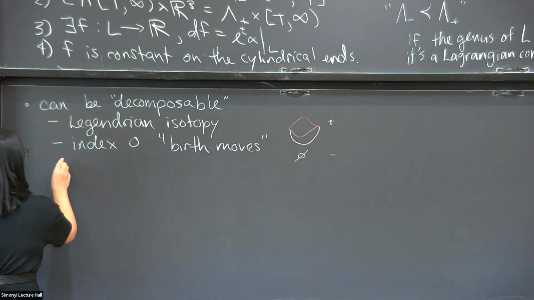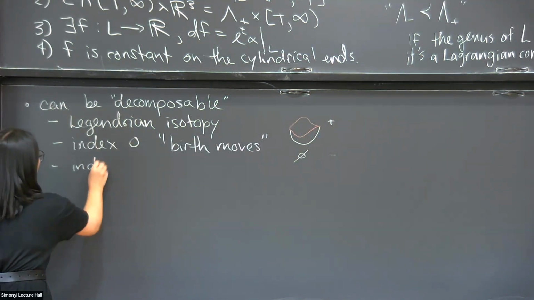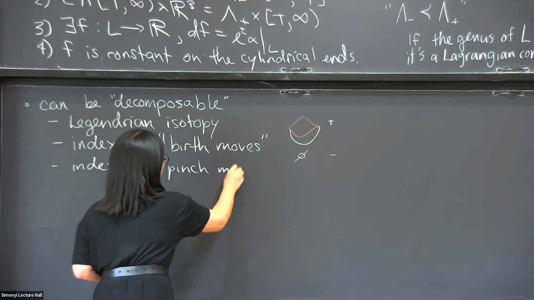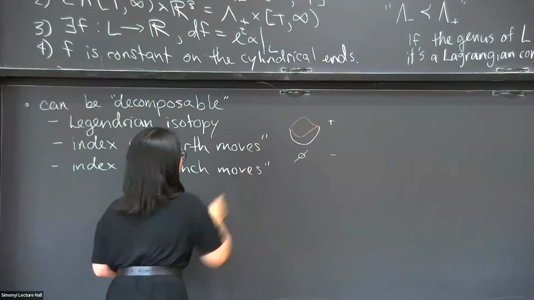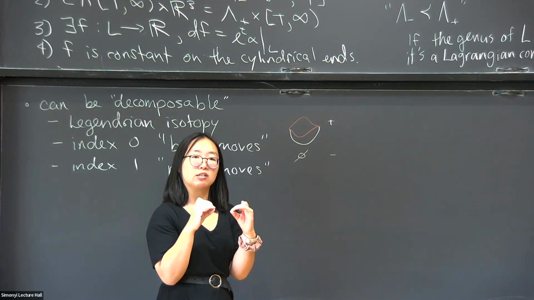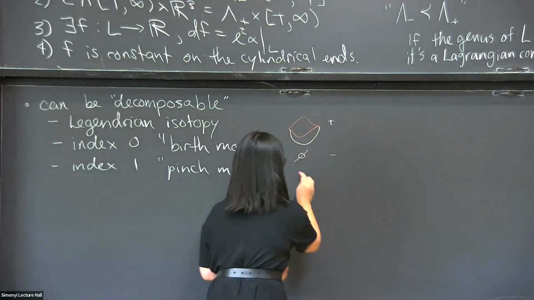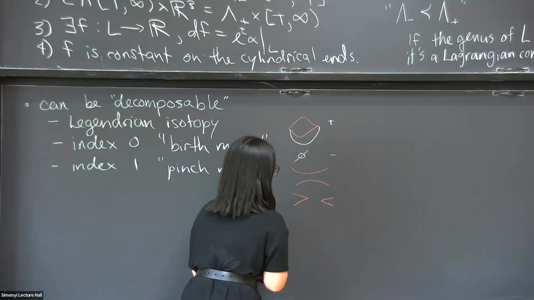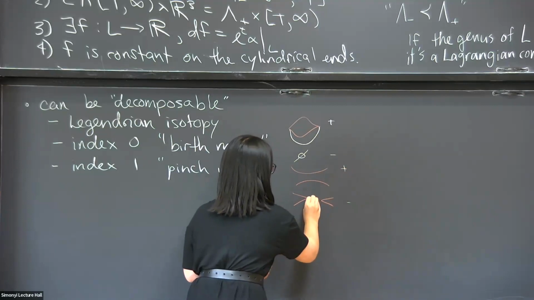And then what we call index 1 pinch moves. These are saddle cobordisms where in the positive end, I see a ribcord and at the bottom, I see a pair of cusps. So this is going to look like this on the bottom and the top.